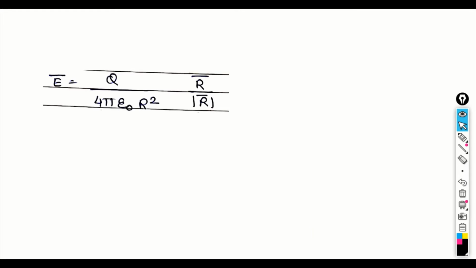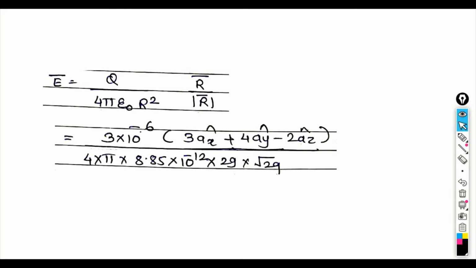So once I do these calculations, write down the formula for electric field intensity due to point charge. The formula says it is q upon 4 pi epsilon 0 r square into unit vector. Unit vector you have written it as vector upon magnitude of the vector. Substitute all the values. R is the distance, remember.